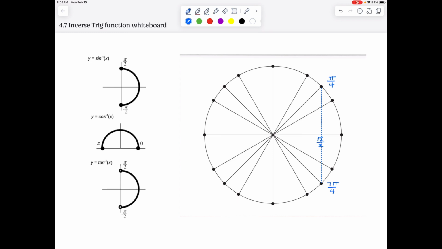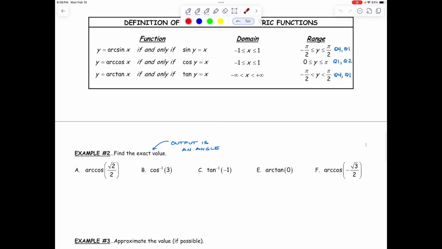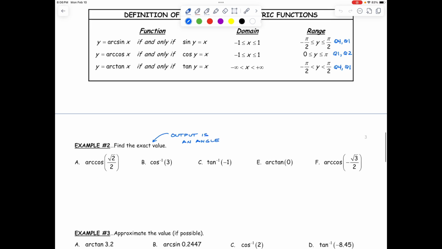We can't report out both of these values because we need to remember that cosine is only valid from 0 to pi. So from here to here, the only one of those values that is valid would be pi over 4. So we're not going to use the 7 pi over 4. And you don't need to write both values on your paper. We're just going to be writing pi over 4, and we're all set, all done with that.